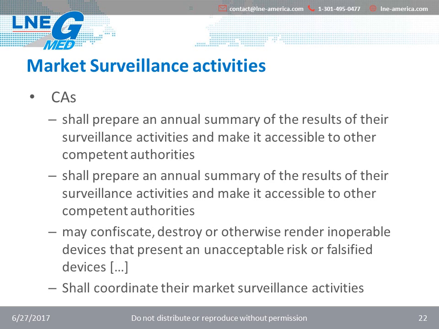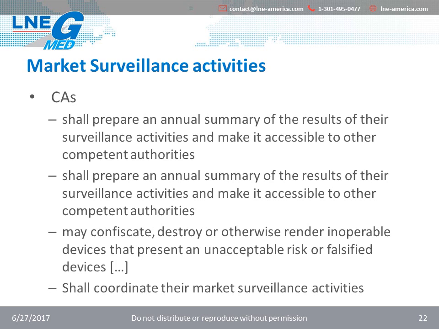Also, authorities shall carry out unannounced and announced inspections and may confiscate, destroy, or otherwise render inoperable devices that present an unacceptable risk or falsified devices.